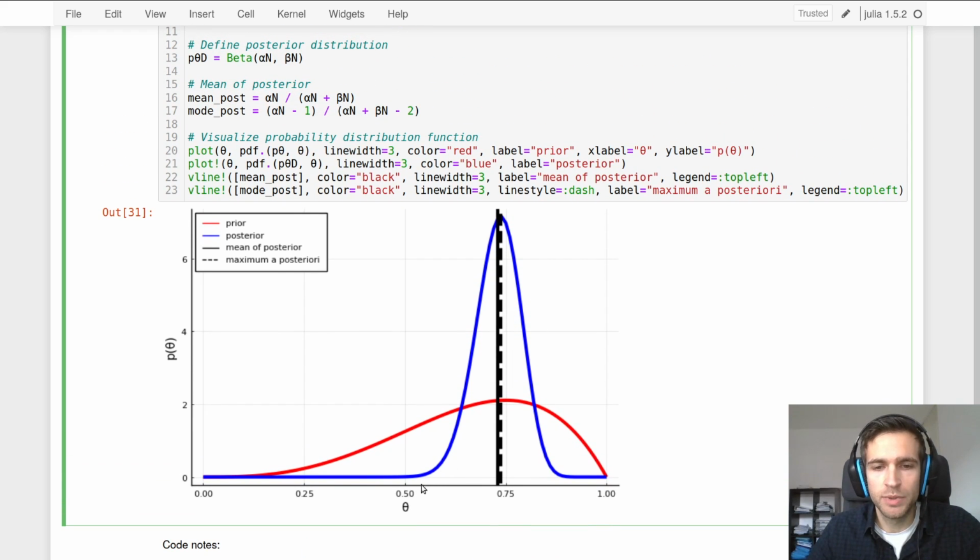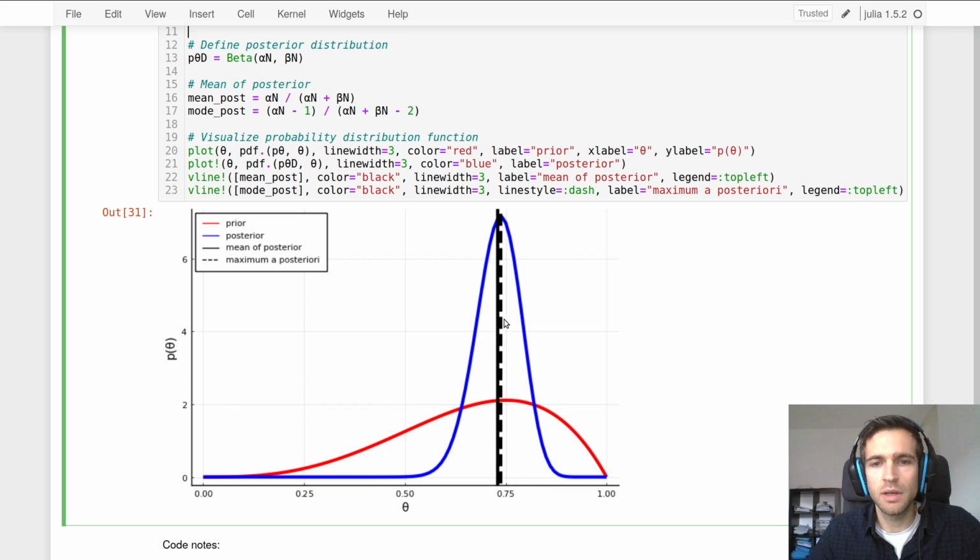So the posterior distribution captures all of the available information and describes all values of theta. It tells us here that values of theta up to 0.5 are highly improbable, as are some of the largest values, and it is very probable that theta is somewhere in this range between 0.6 and 0.85.